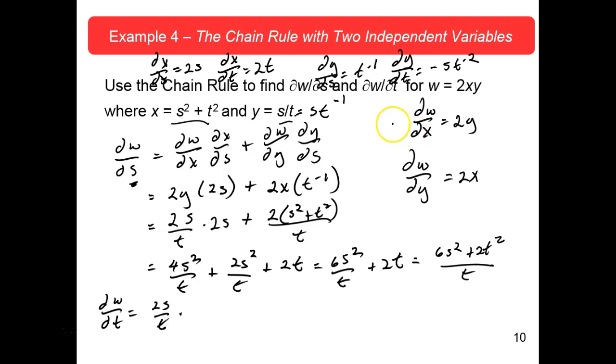And the partial of x with respect to t from the one up here is 2t. So this would be 4s, okay?